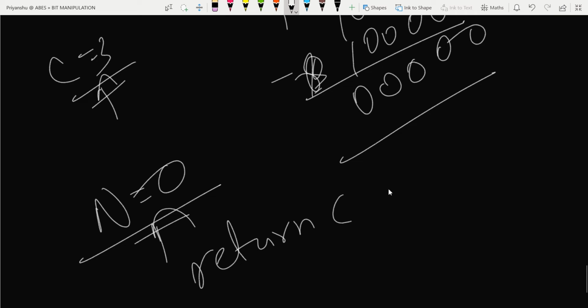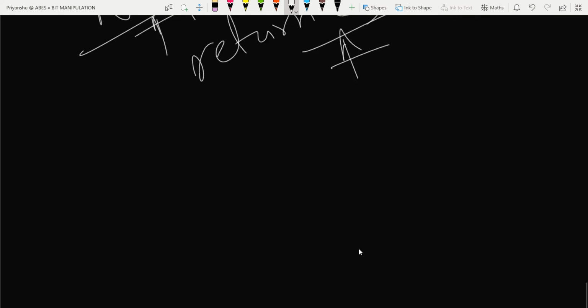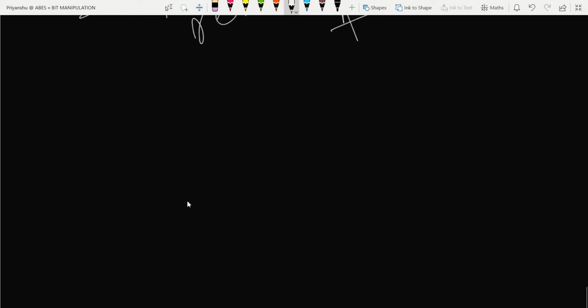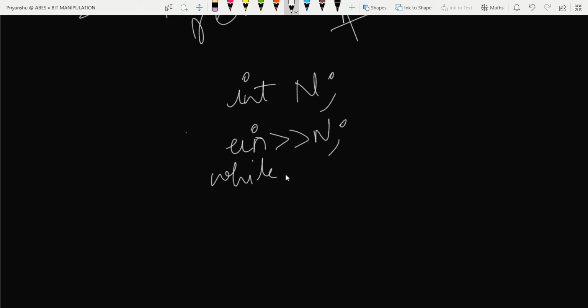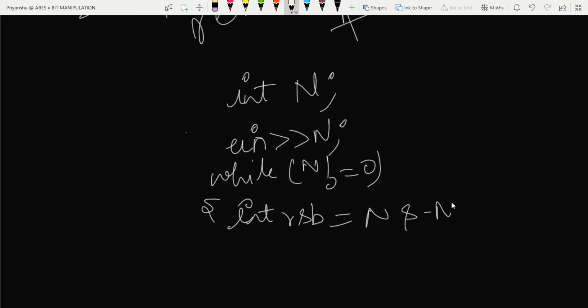I don't think I need to write the code for it, but if somebody wants to understand it more clearly, if anybody does not get the approach I have used, I am writing this code. I have an n value. While the n value hasn't reached 0, we calculate the rightmost set bit, that is n AND minus n.